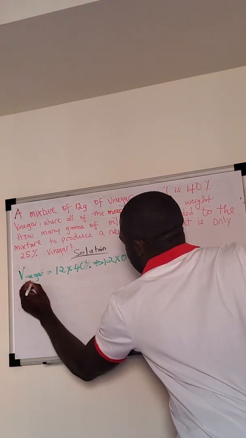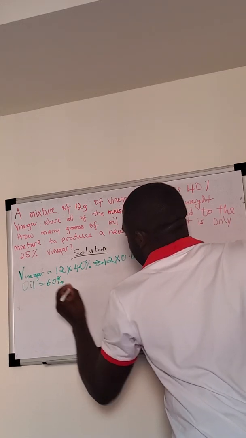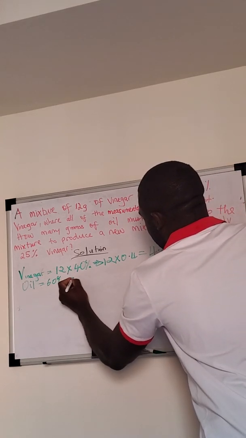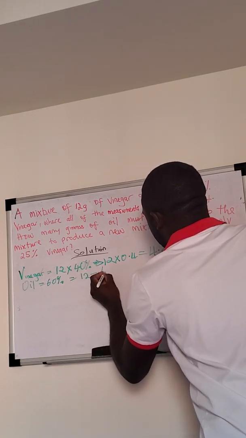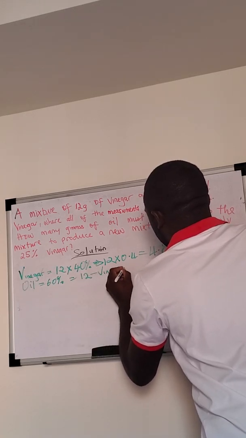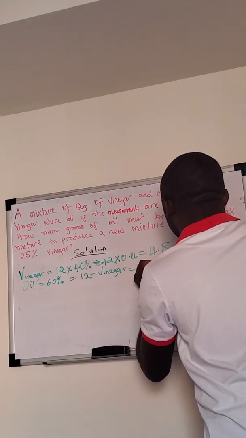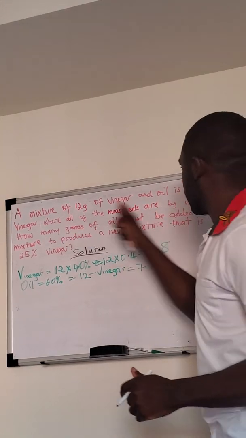Oil is equal to 60%. But the shorter way to do this, if we know the total is 12, is that oil is going to be 12 minus vinegar, which is equal to 7.2. We already get this data from the first part of the question.